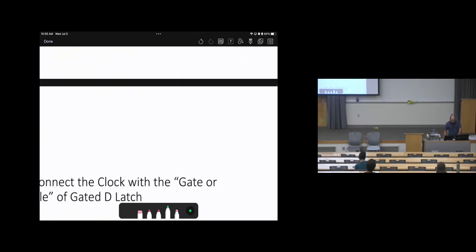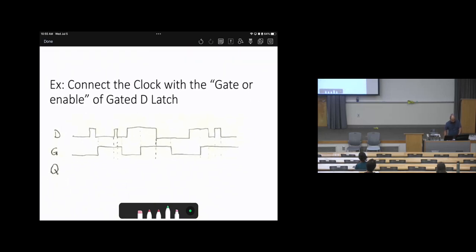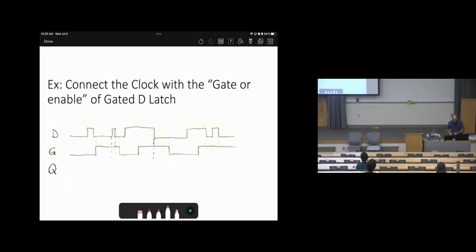Let's look at the following timing diagram and see how we can analyze it. Imagine this is D and this is the gate. We need to find Q. I don't know the initial condition. What should I do? The first step, draw the guidelines. This is very essential. Draw the guidelines and you can determine the current status or the next status.